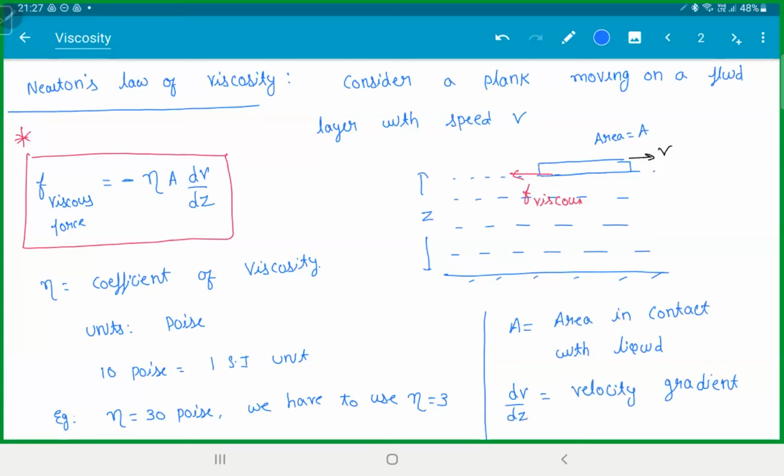We'll discuss in more detail in the next page. Have a look at this. Clear?